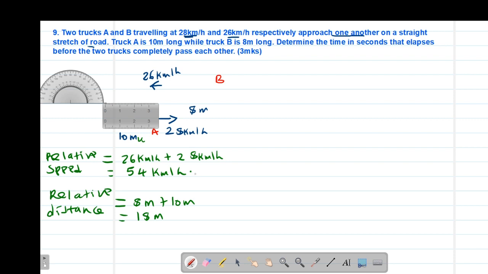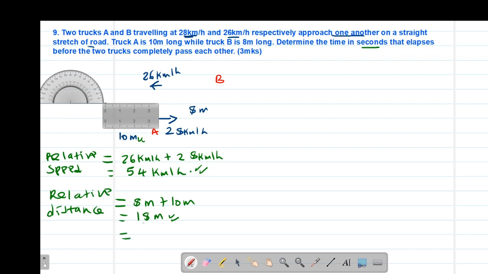But our speed is in kilometers per hour, whereas our distance is in meters, and the question wants the answer in seconds. I could convert the 54 kilometers per hour into meters per second, or work in kilometers and convert later.